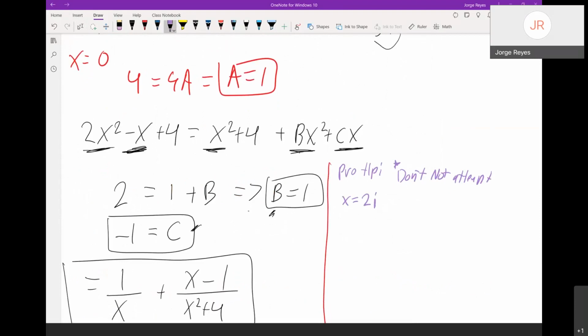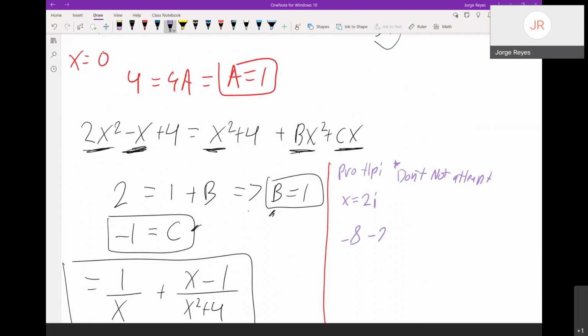Then what happens is, 2i squared is -4. So -4, with this 2, is gonna give me -8.